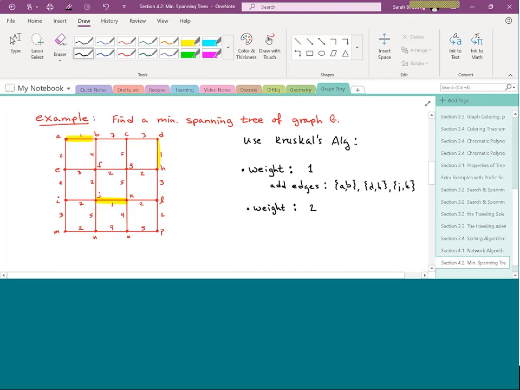Okay? So if we look through this graph, do we have any edges that have weight 2? Hopefully the answer is yes. Actually, I'm spotting one right now, so the answer is yes. So we're going to add in all of the weight 2 edges that we possibly can. So I'm just going to scan through this systematically.